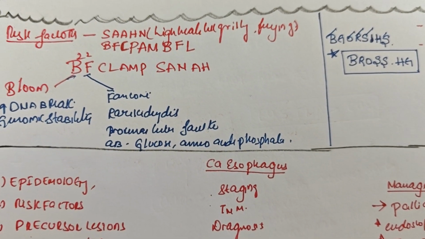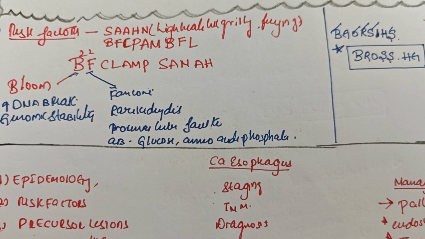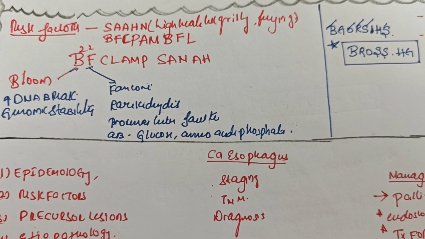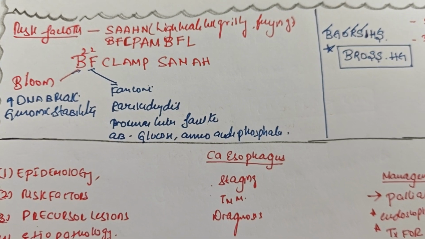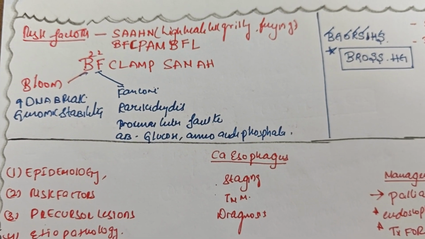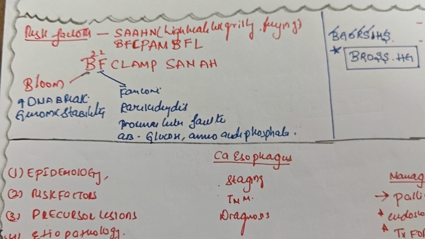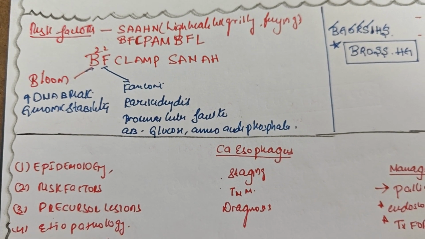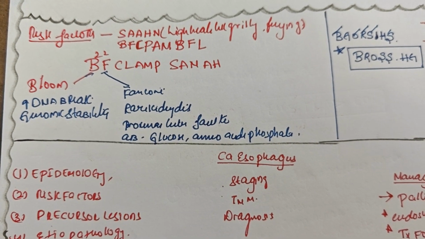M is micronutrients deficiency, like vitamin A, E, C, B1, B2, selenium, manganese, molybdenum, magnesium. All this micronutrient deficiency also plays a role here. The next is Plummer-Vinson syndrome. S stands for smoking, which also plays a vital role.